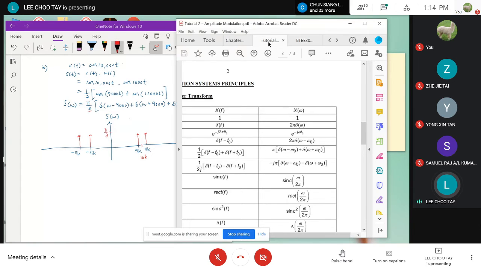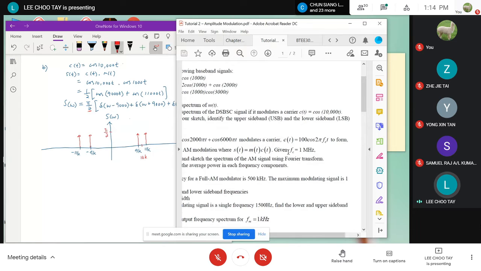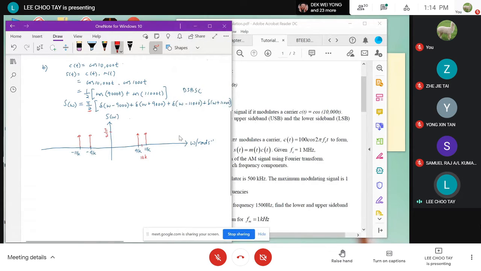And C asks you to label the upper sideband and lower sideband. As I mentioned in lecture, the easiest way to recognize whether it's upper sideband or lower sideband is by referring to your carrier frequency. Your carrier frequency is here.